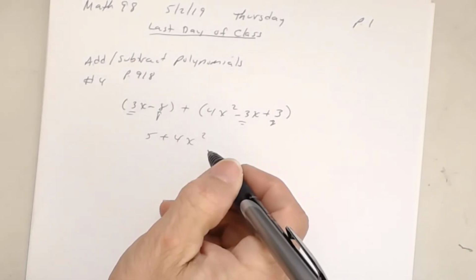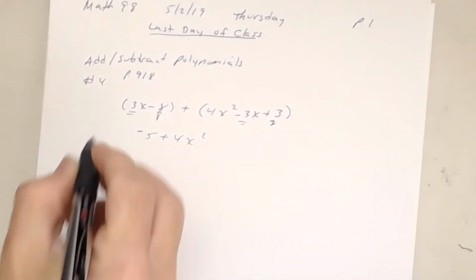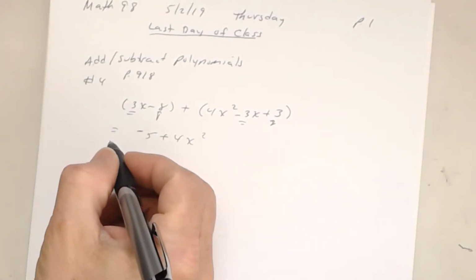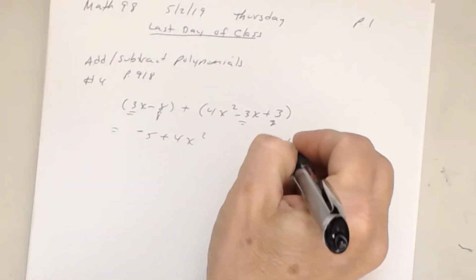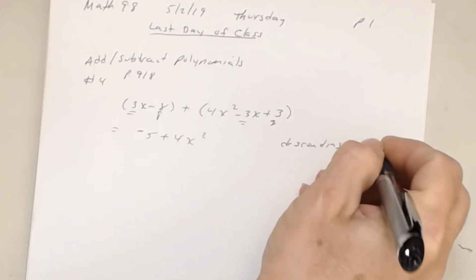Now, they're going to ask you to put this in descending order. That's one of the words that you saw. Descending order, if you're in a plane and you're descending, you're going from a higher altitude to a lower. So descending order means to put the polynomial from larger exponent to the smallest.